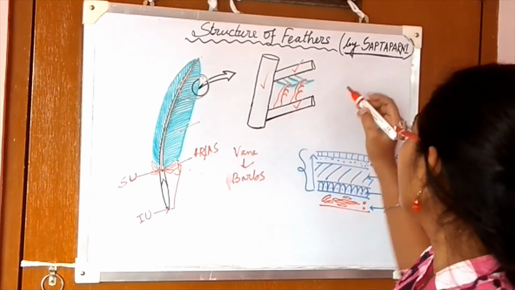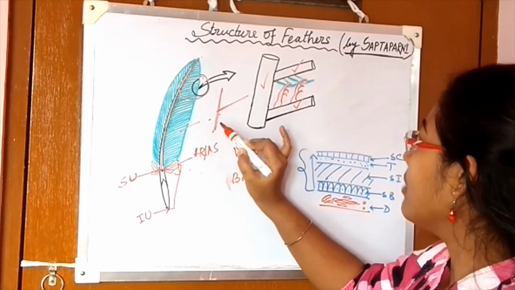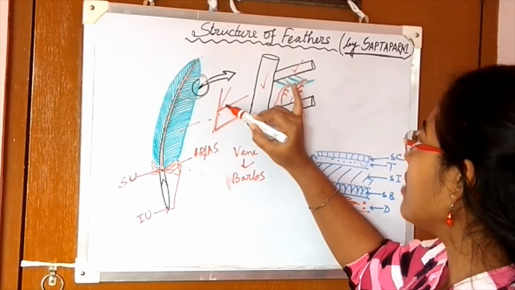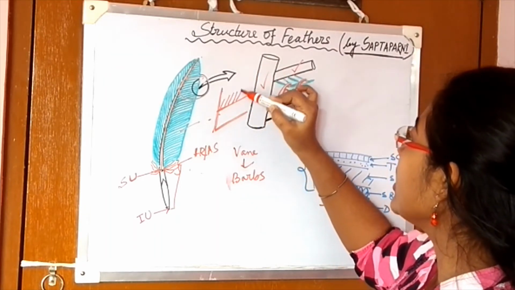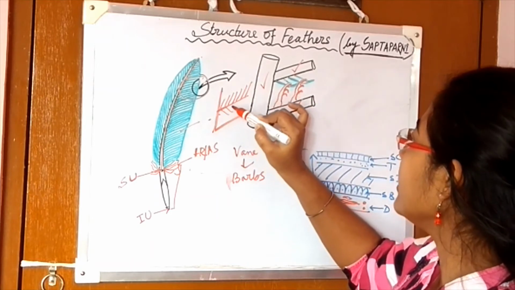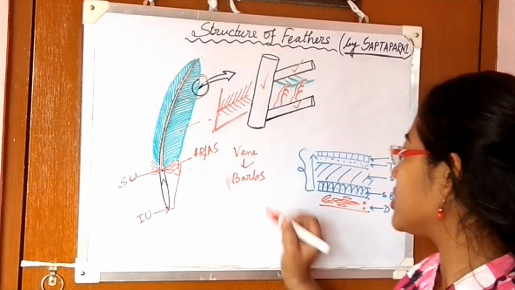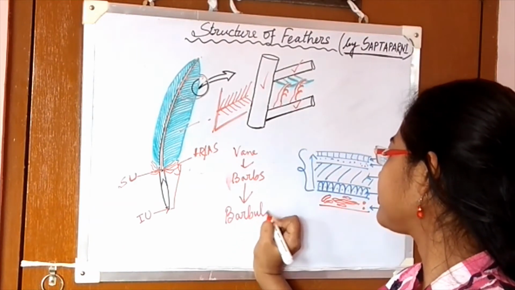From this barb some small thread-like structures will arise at the upper and at the lower side. These structures are known as barbules. So from barb arise barbules.